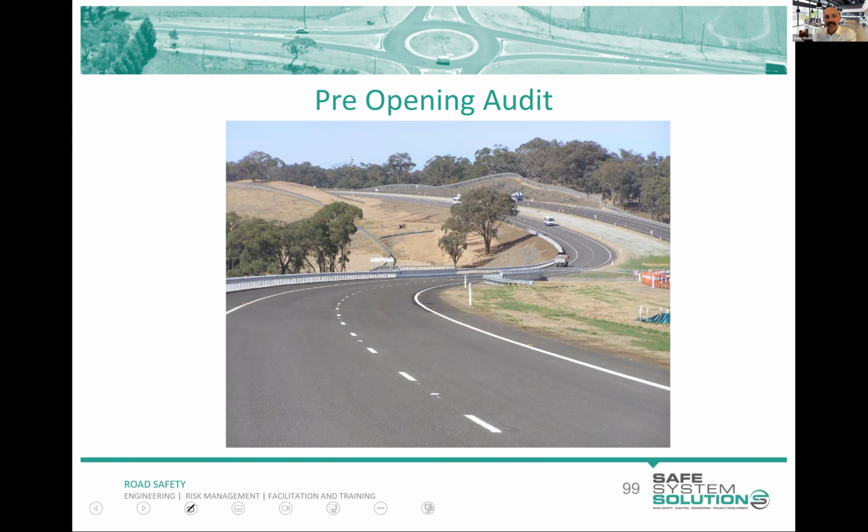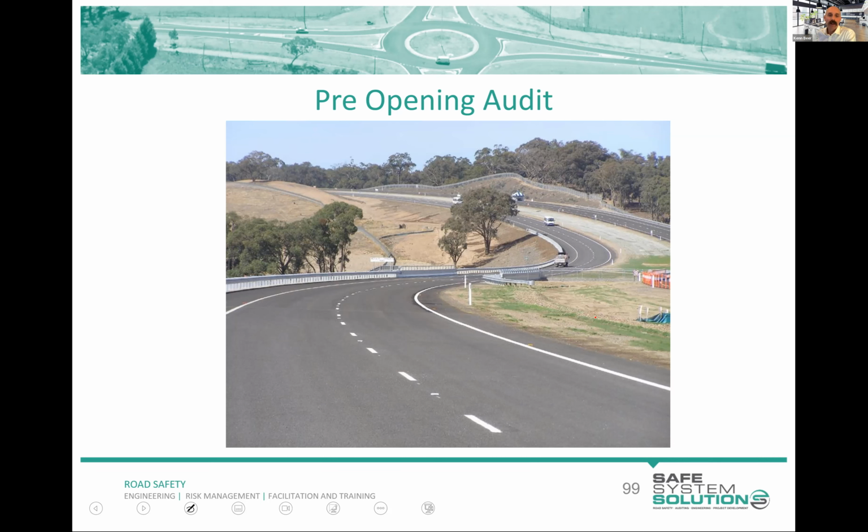That is a standards thing, but you're checking that mistakes just haven't been made, like they put the wrong RRPM colors down in the wrong spot, or they got the wrong sign in the wrong spot, or they marked something wrong. So these are the kind of things you're trying to pick up, generally being that final check.